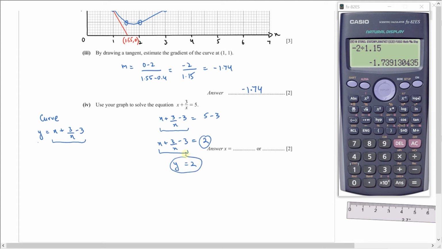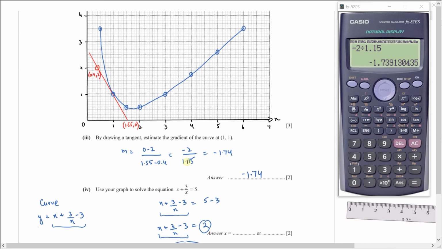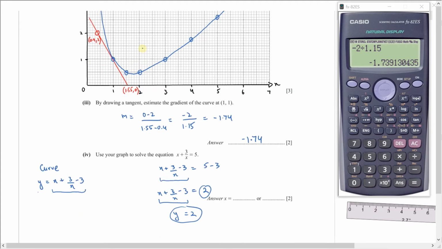So how do we find the x values when the y value is 2? We can draw a straight line at y equals 2. I'll draw it in green. Oops, a little below.